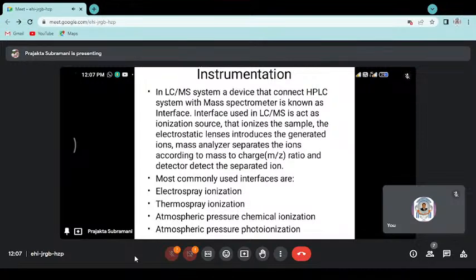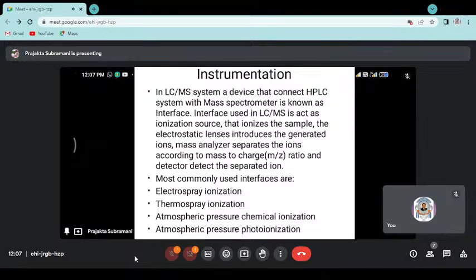The electrospray ionization technique is a soft ionization technique, in which they use electrical energy to assist the transfer of ions from solution into the gas phase. They convert the solution into the gaseous phase.